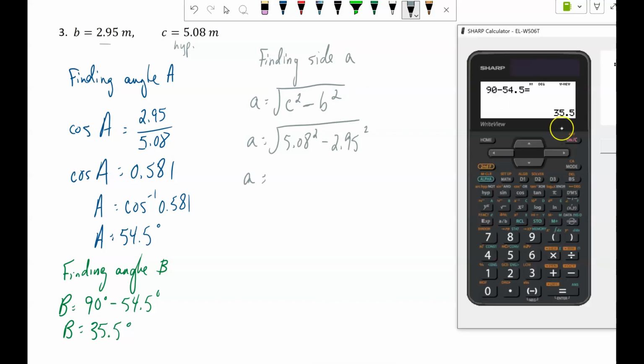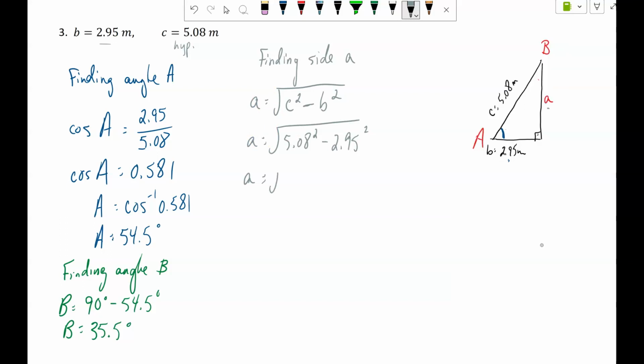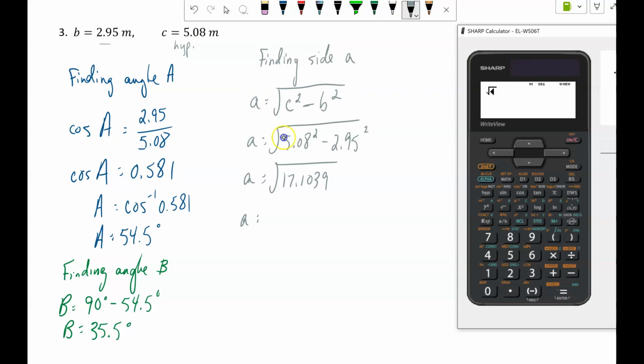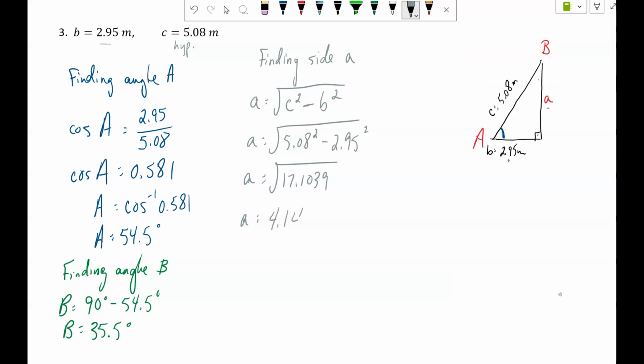Let's see what that number is under the square root sign. 5.08 squared minus 2.95 squared. 17.1039. And when we square root that, 4.14, and that was in meters. All right, and that is shorter than the hypotenuse, so that checks out. Everything is good, though. That triangle is solved.